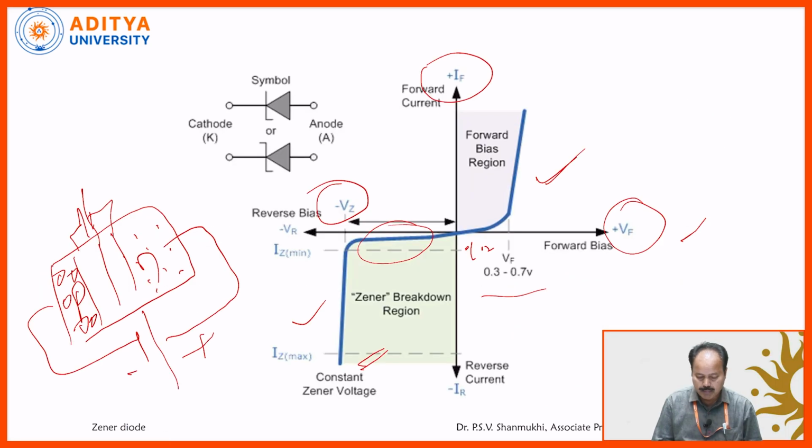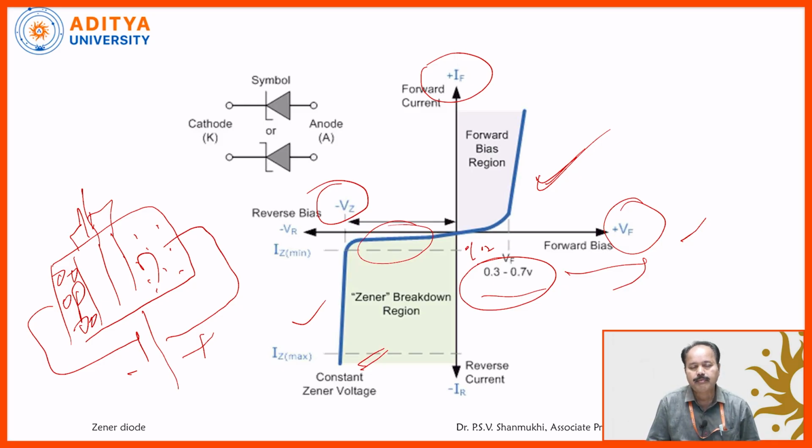Under forward bias, as we increase the forward voltage, the forward current is initially zero up to a certain voltage, then increases a little, and afterwards increases drastically. Why? Because at this voltage the barrier vanishes. As we apply the forward voltage, the barrier width gradually decreases, and at a certain voltage there is no barrier, so a large current suddenly flows.